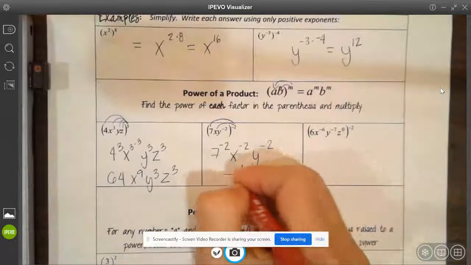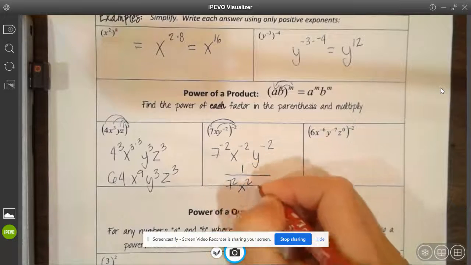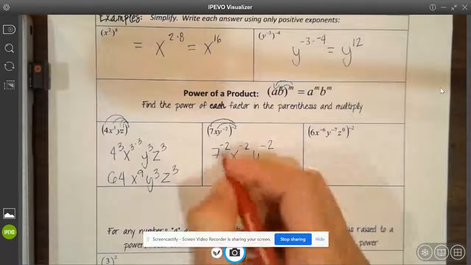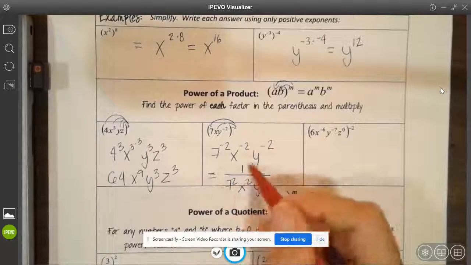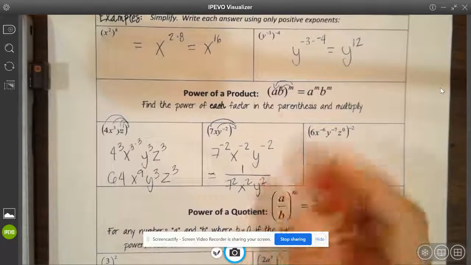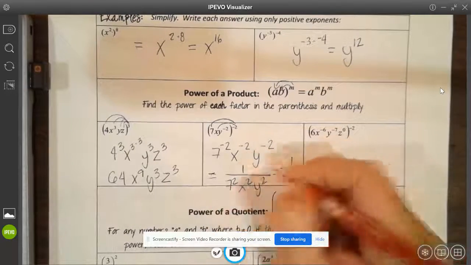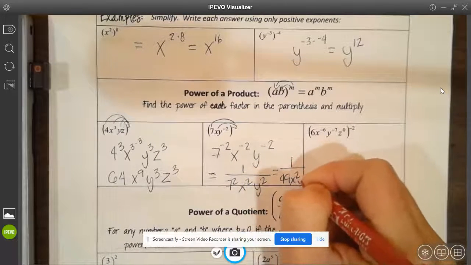So 1 over 7 to the power of 2, x to the power of 2, and y to the power of 2. Notice that once you put it below a 1 like a fraction, these become positive. And then you have to simplify.